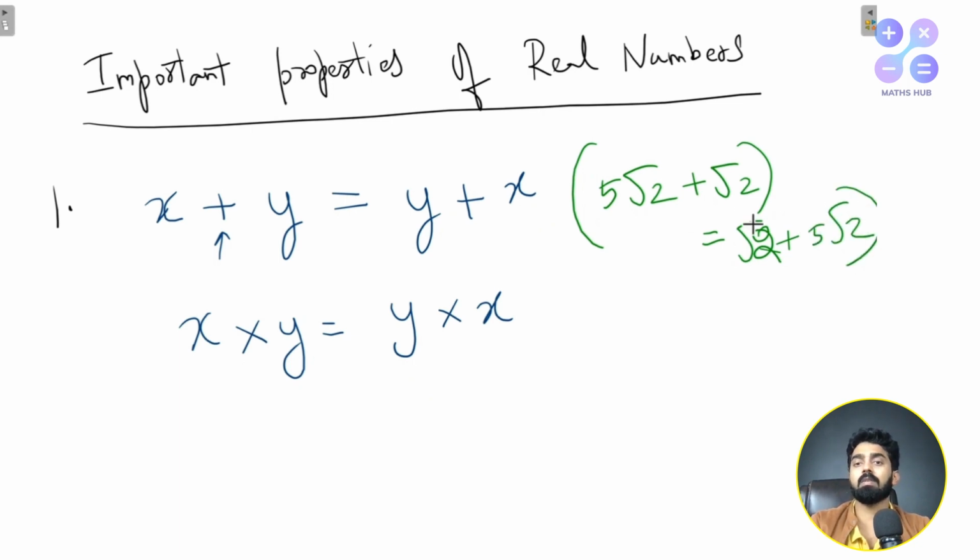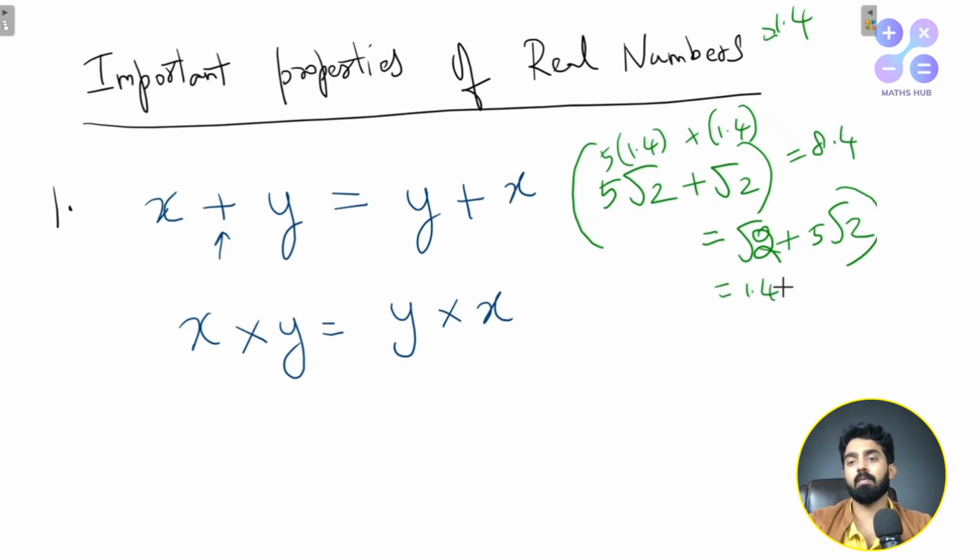You can interchange it and you still get the same number, right? So if root 2 is approximately 1.4, then 5 times 1.4 plus 1.4 would be 7 plus 1.4, which is 8.4. And even in this case, it would be equal to 1.4 plus 1.4 times 5, which is also 8.4. So this applies to any real number and not just integers, right?